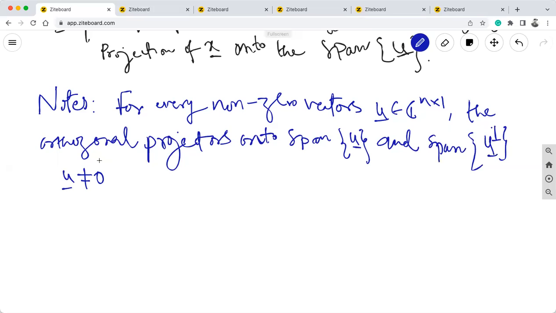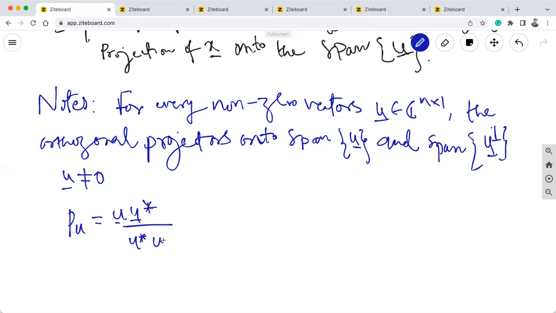Then the projector for the span of u, represented by P u, should be equal to u u star divided by u star u.